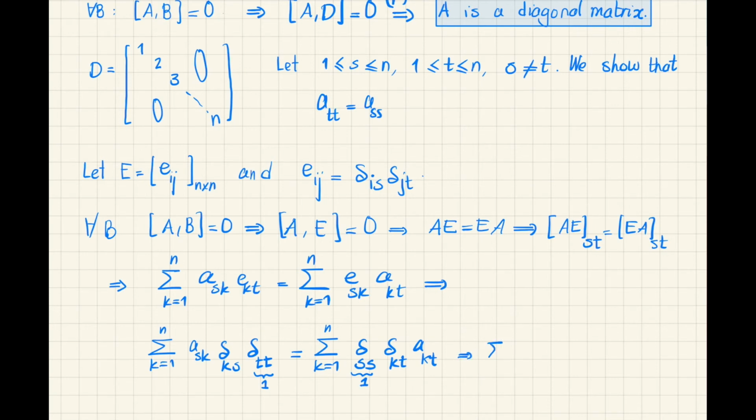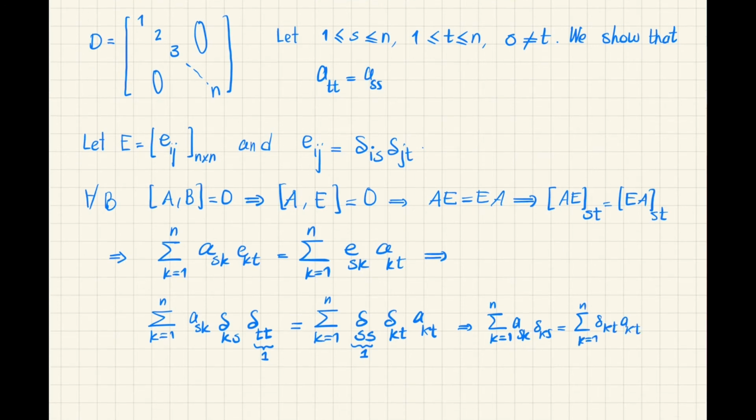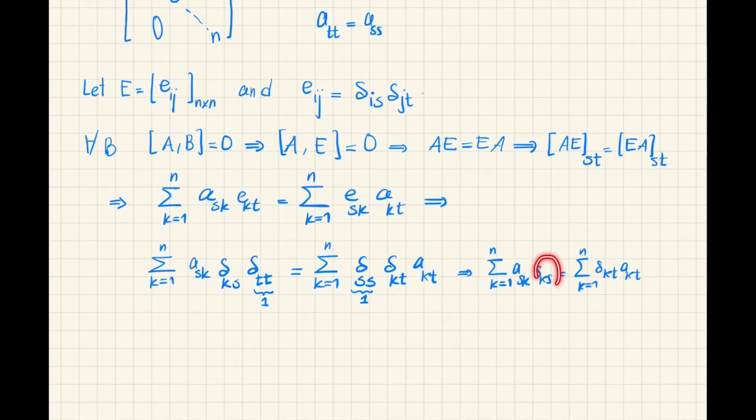So it becomes sigma, K goes from 1 to N, A sub K sub S, delta Ks, and the right hand side I will have sigma, delta Kt, Akt, K goes from 1 to N. But this delta can be used to eliminate this sigma, and then I have to replace K with S. So what is left on the left hand side is just simply ASS.